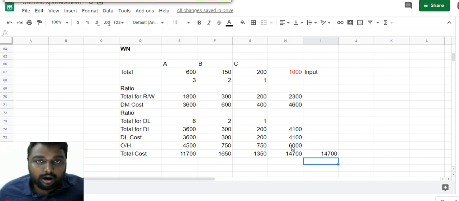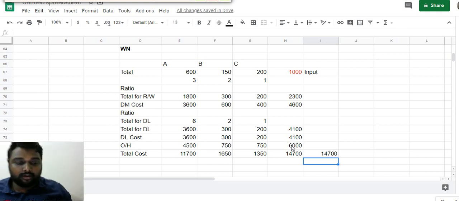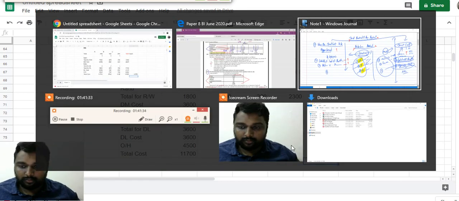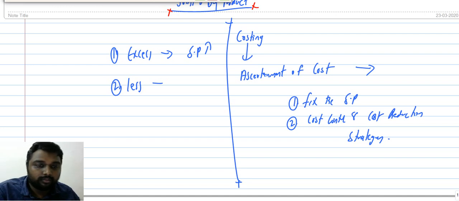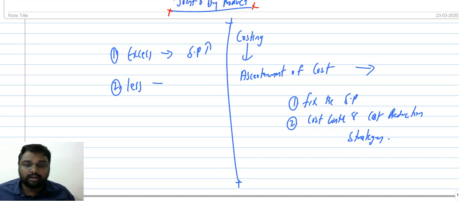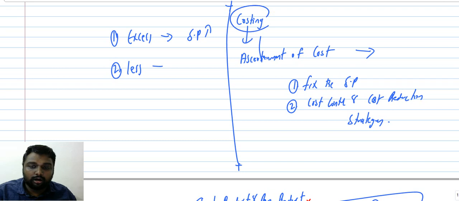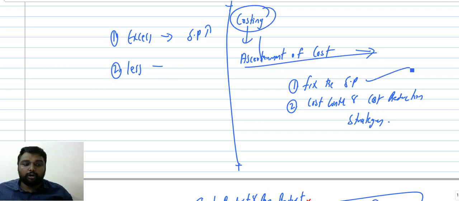What are all the discussions we have done today so far? We started by discussing joint product: what is meant by joint product, how the costs are ascertained, and how important it is for fixation of selling price.